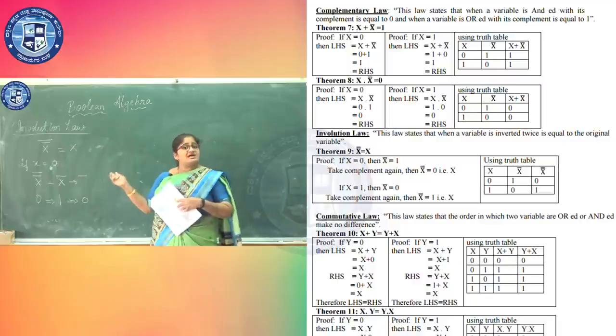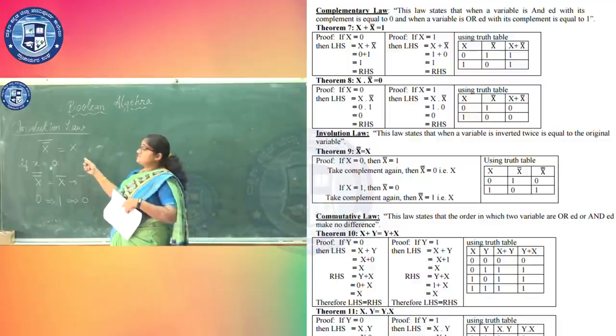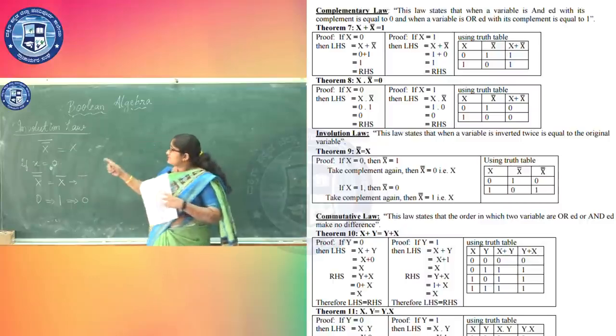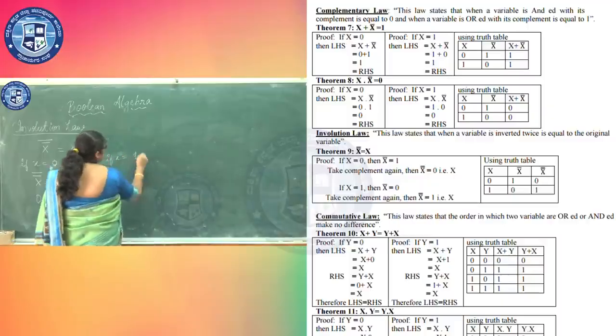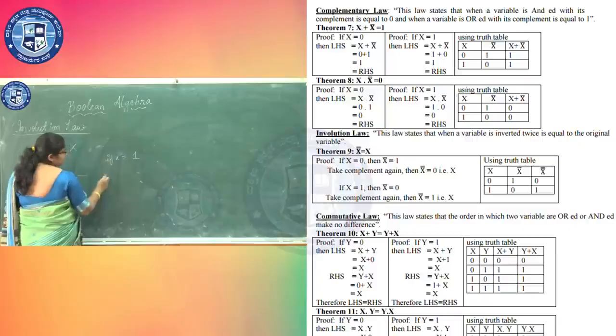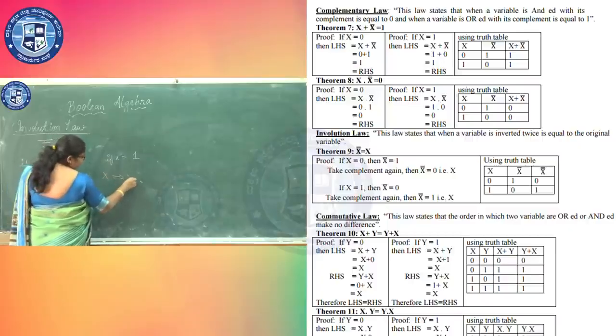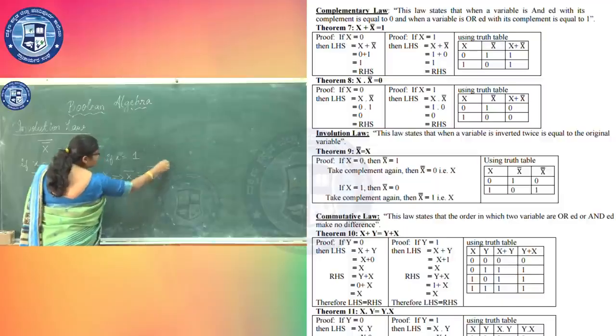So x double dash, or we call it x double bar, is always equal to x. The same way, if we take x equal to 1, x is inverted once and again inverted twice.